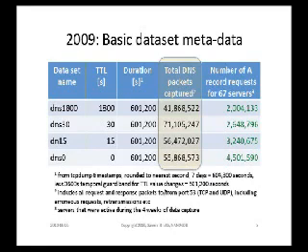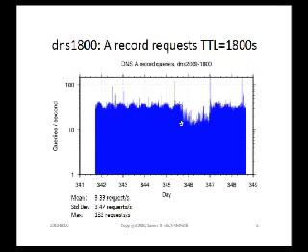So here's a basic summary of the stats. We've got 4 data sets: 1800 seconds, 30 seconds, 15 seconds, and 0 seconds. This fourth column shows the number of all the packets that were captured during that 7-day period.